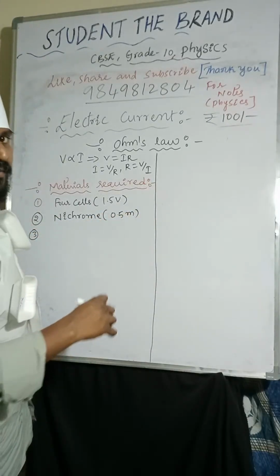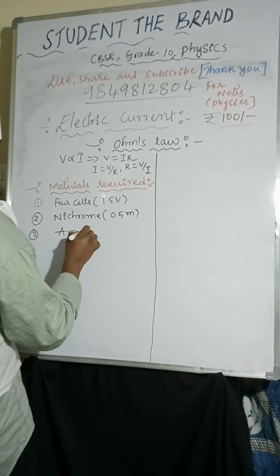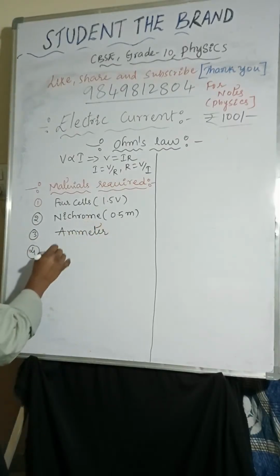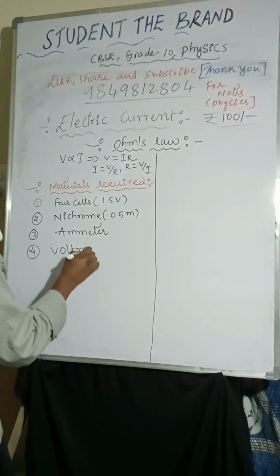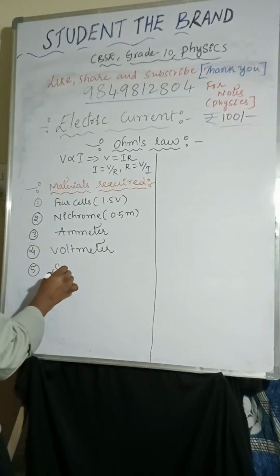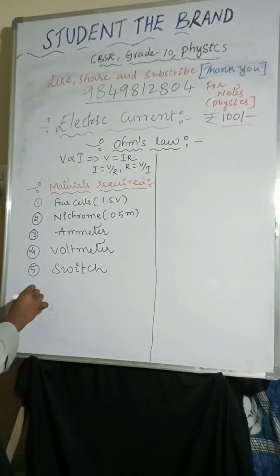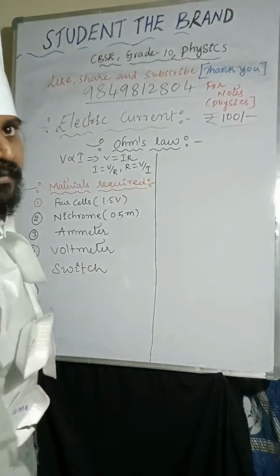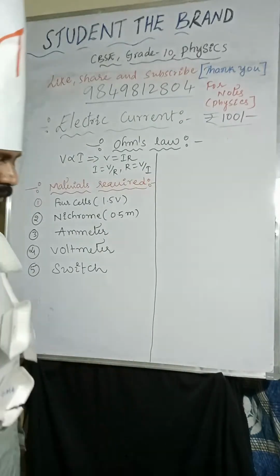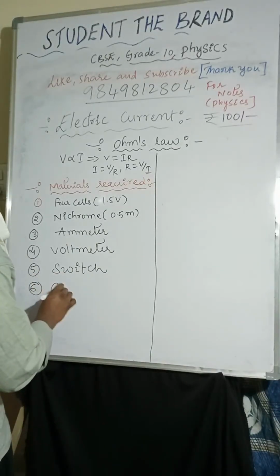And we can take ammeter, and fourth one is voltmeter, and fifth one is switch, and sixth one is connecting wires.